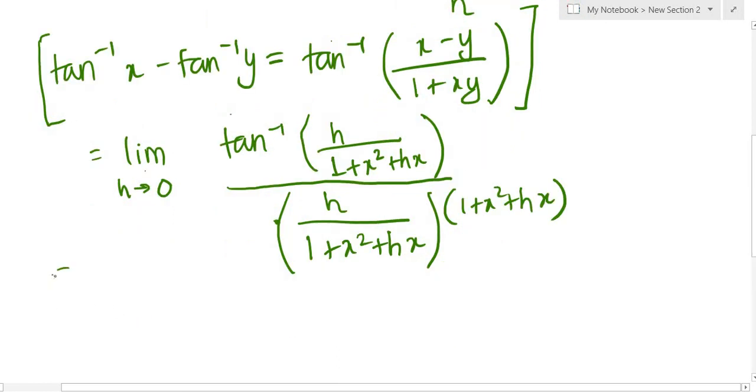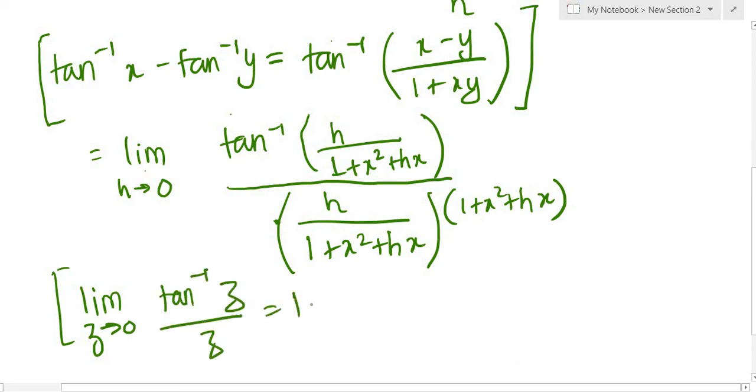Because there is this identity: the limit as z goes to 0 of tan inverse of z over z equals 1, just like its counterpart for tan, because we had tan of x by x, where the limit as x approaches 0 is 1. So just like that, you can prove this thing by the identity on tan.